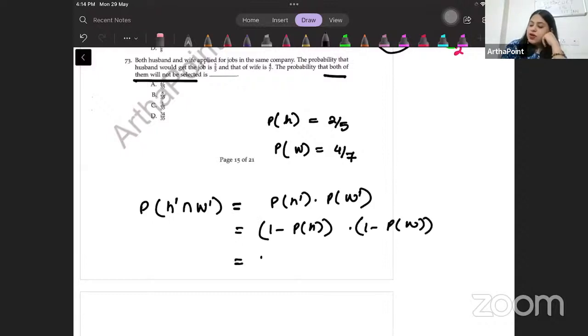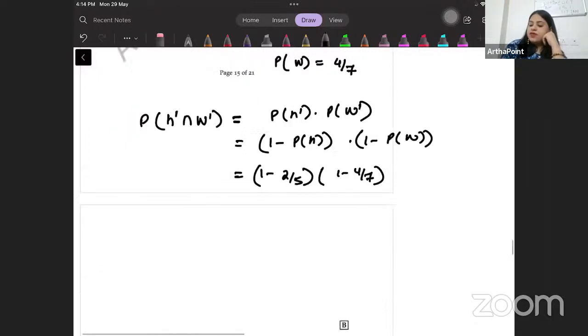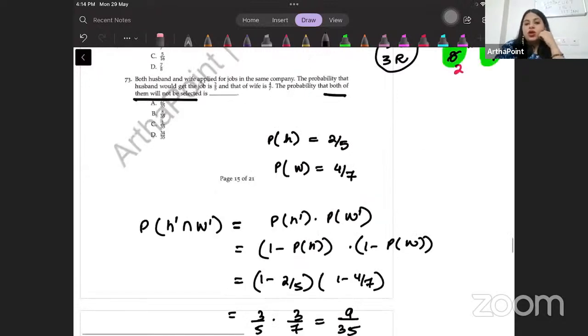So 1 minus 2 by 5, 1 minus 4 by 7. So 3 by 5 into 3 by 7. So 9 by 35. This will be the answer to this question. 9 by 35. Both not being selected.